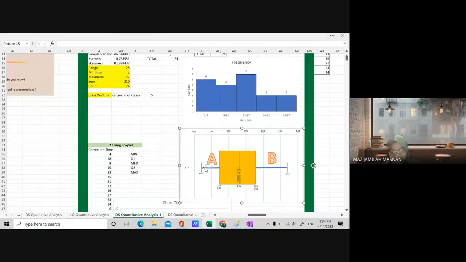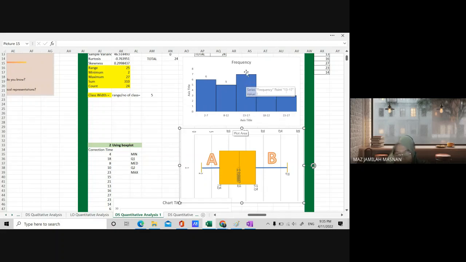Simple. What can you tell about this whisker? Short or long only? A's whisker is shorter than B's whisker, right? Am I correct? Yes, doctor. So look at the histogram above. You can see that the concentration of the data is more on the left side.